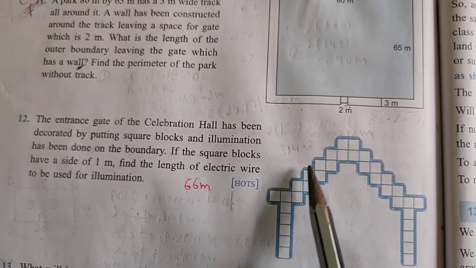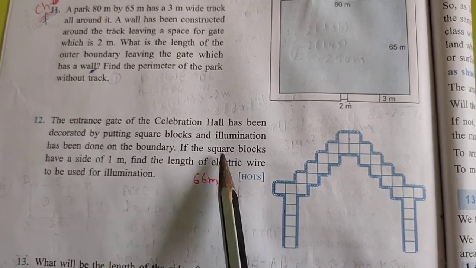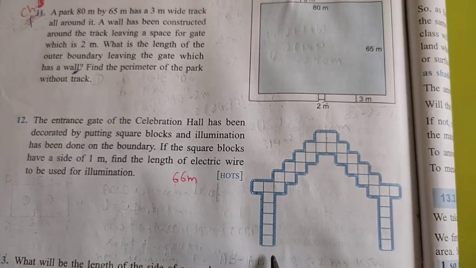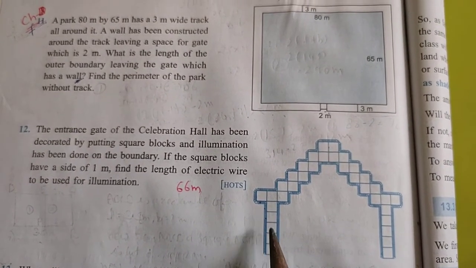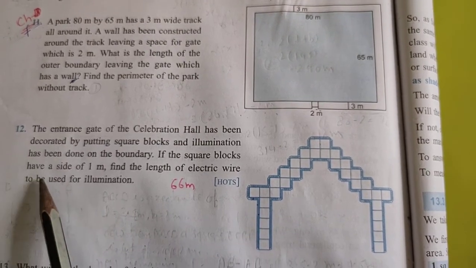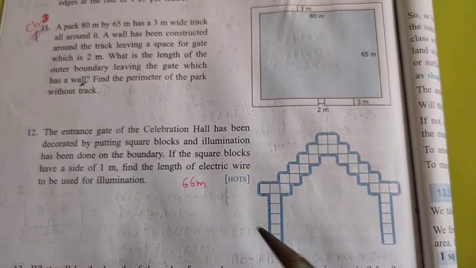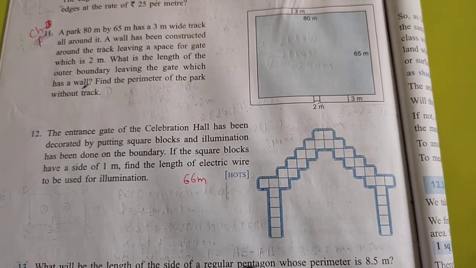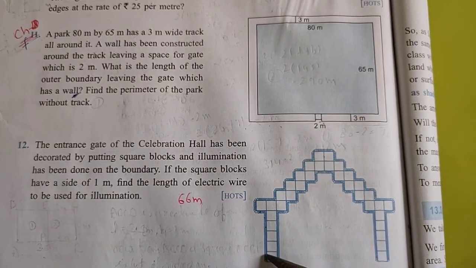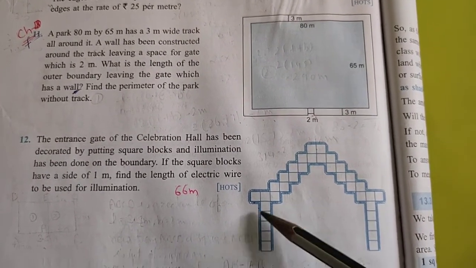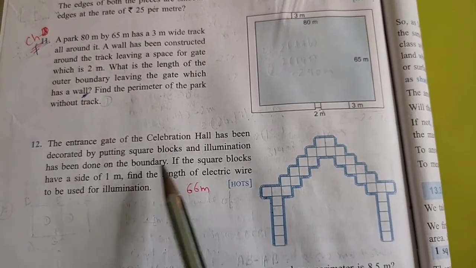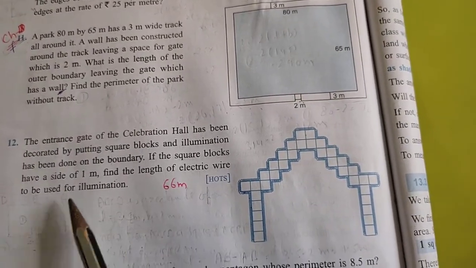Here lighting has been done. These are the square blocks. This is 1 square block, 2, 3, 4, each having a side of 1 meter. Find the length of electric wire to be used for illuminating.